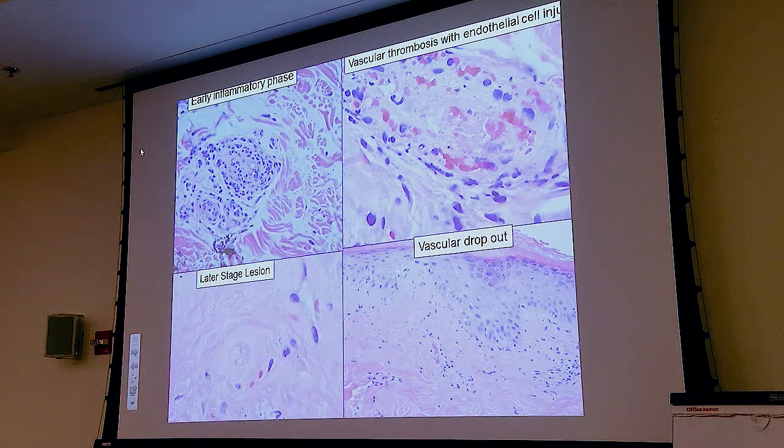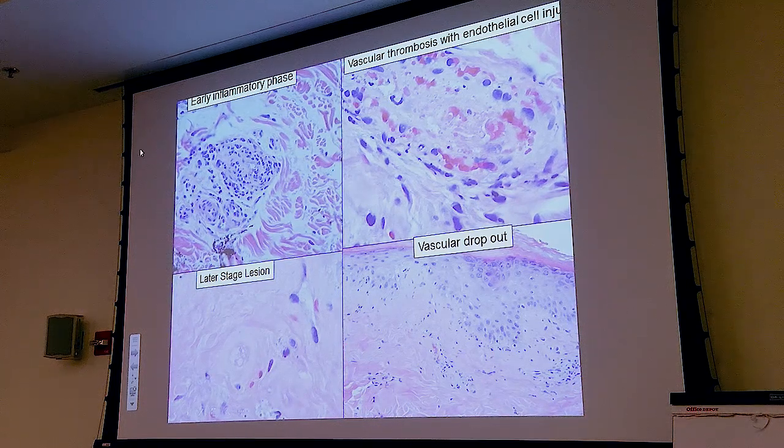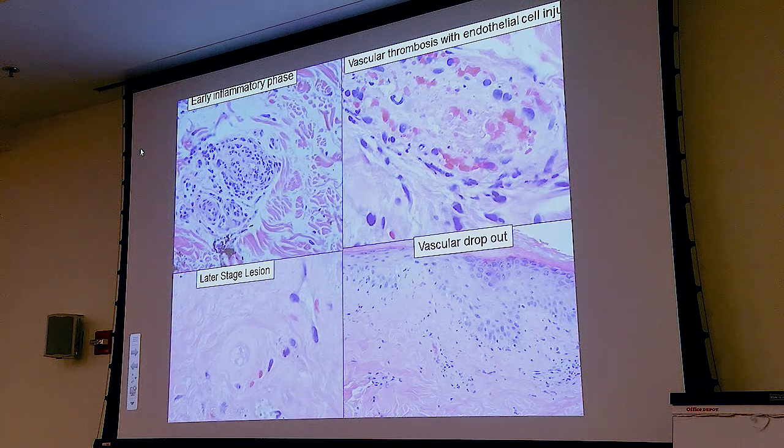And so a later stage intermediary phase would have this active thrombotic diathesis with endothelial cell necrosis and sloughing.